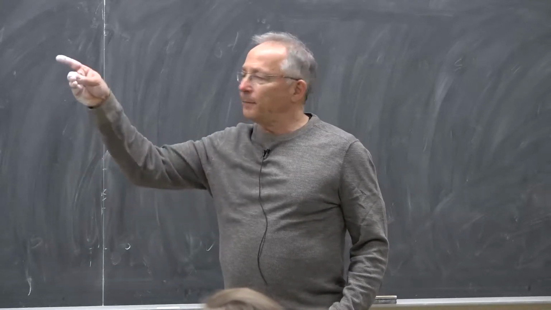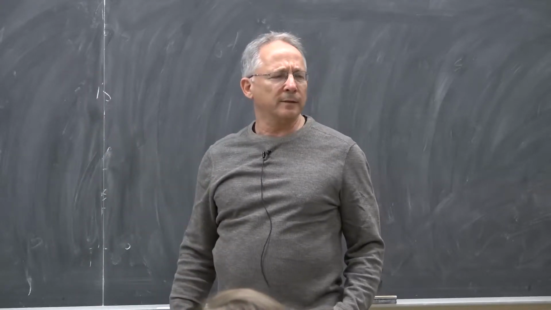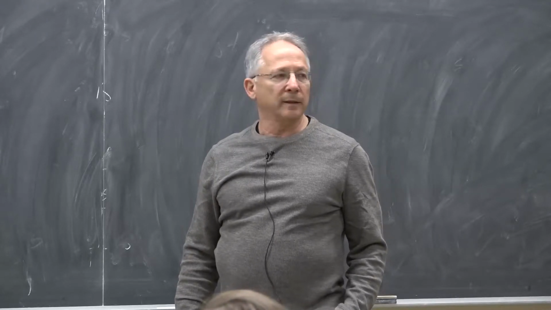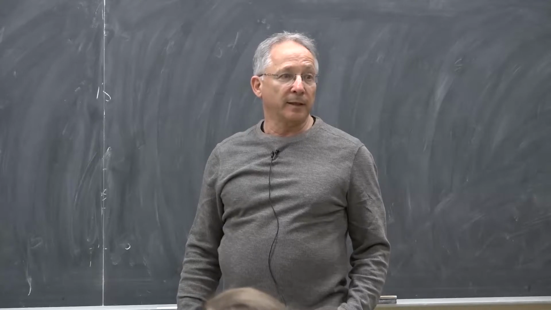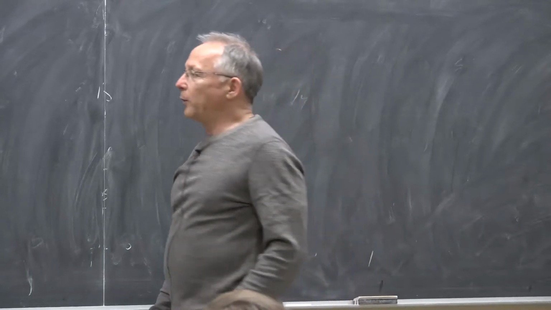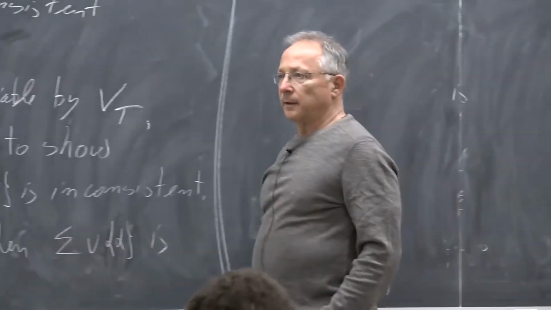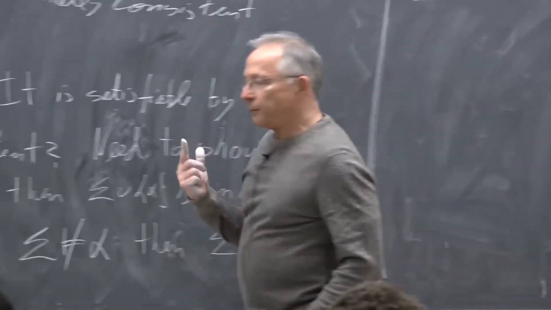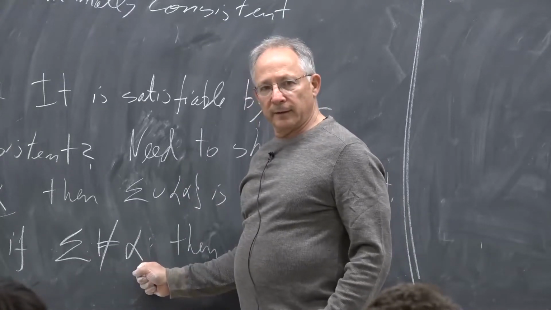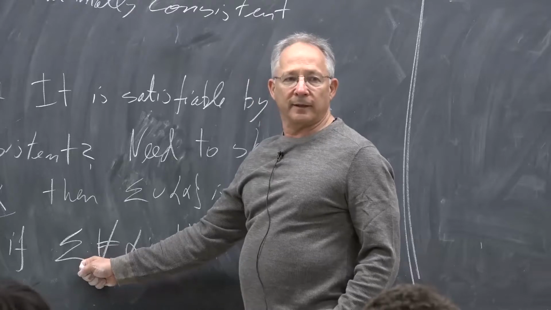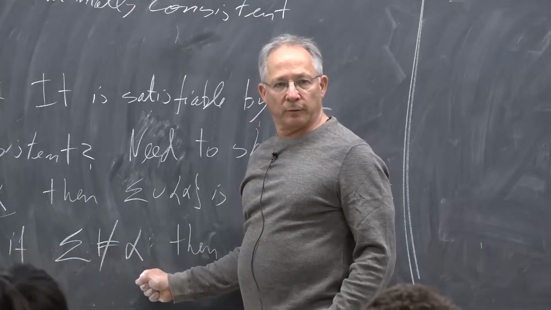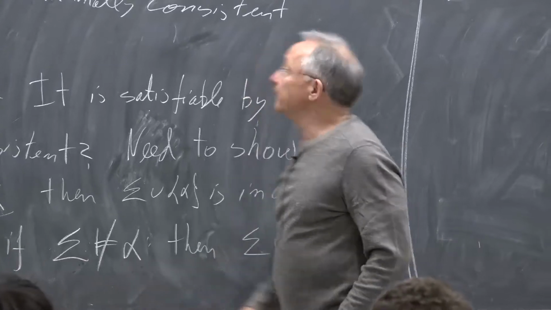We've already met it, I think last class or the one before. It's maximally satisfiable, and it has only one satisfying assignment. If it doesn't imply alpha, then the only assignment that satisfies sigma doesn't satisfy alpha. So no assignment satisfies all of them, so it's not satisfiable.